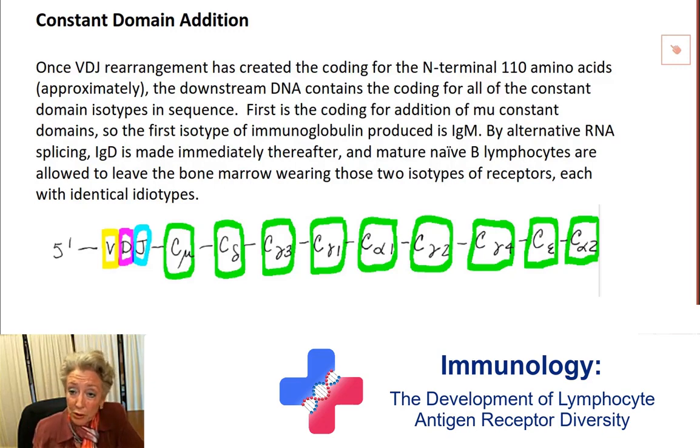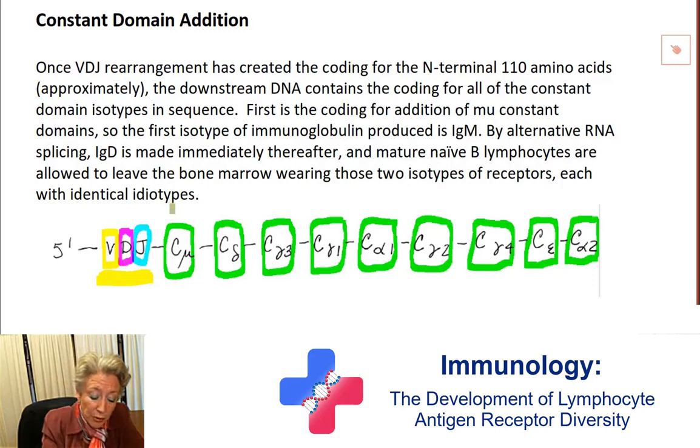So notice if we look specifically at the B cell, which is a more complex genetic creature, my idiotype choice here at the beginning of 1V and 1D and 1J is then followed immediately downstream in sequence by all of the constant domains that the B lymphocyte will ever be able to make in its lifespan.